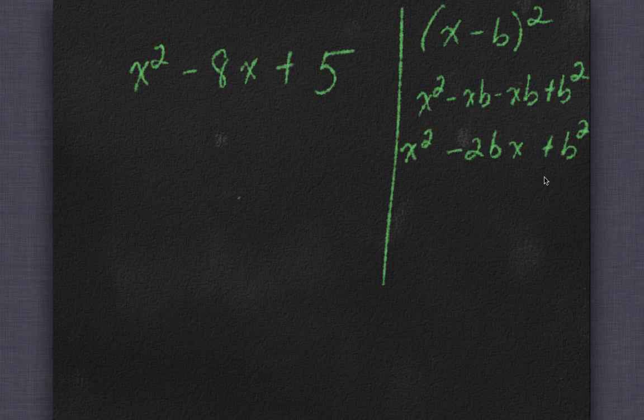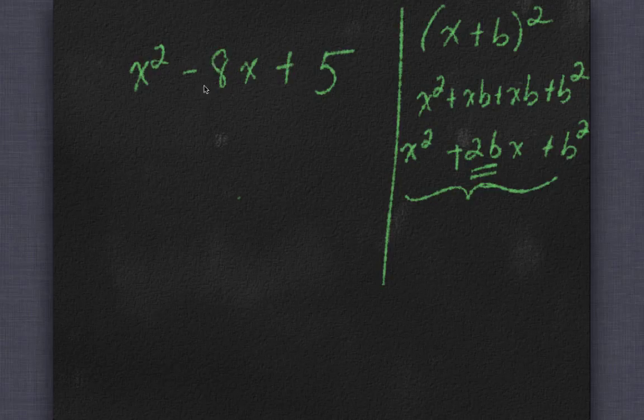The point here is that if I'm going to have something squared, it's going to look like this. I should have just made that plus for the sake of this. It doesn't matter, but just to not confuse you later. So the guy next to the x is 2b. So I can see then that b should be negative 4.